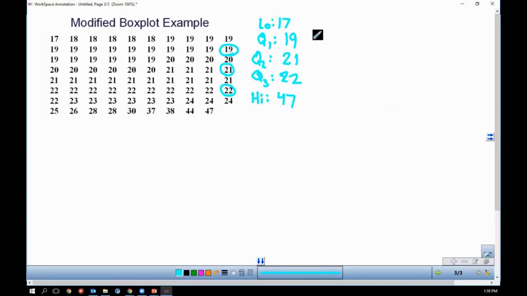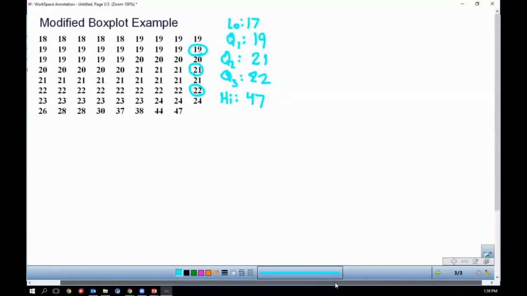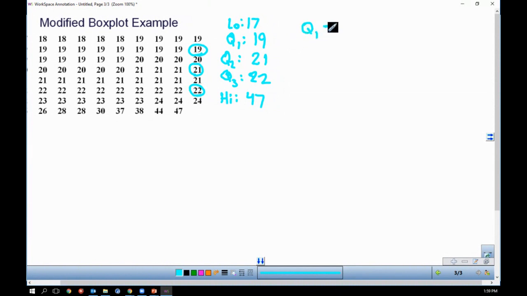Okay, so let's figure out our ranges that we're dealing with here. So if we do Q1 minus 3 times our IQR. Oh, we didn't find IQR. Hang on. What's IQR? Remember that Q3 minus Q1, which is 3.